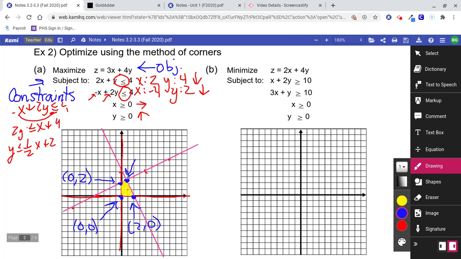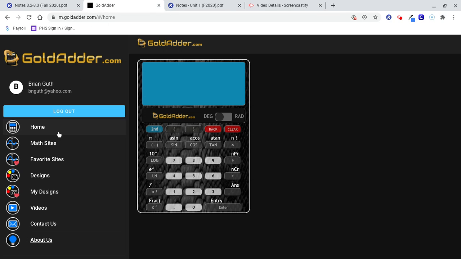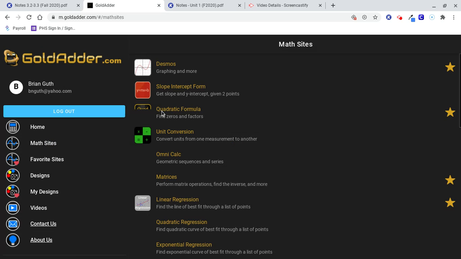So you could do substitution, you could do elimination, or in this class we learned how to do Gauss-Jordan. You take these two, set them up as a system of equations because we don't care about the inequalities right now, and do a Gauss-Jordan. Or honestly, probably the easiest thing to do is do it on Desmos. So let's check out what it would look like on Desmos.